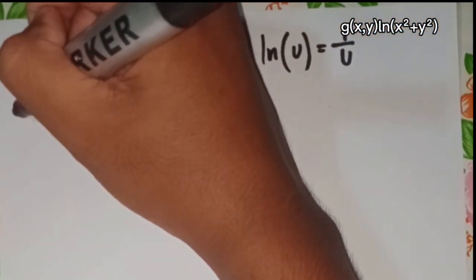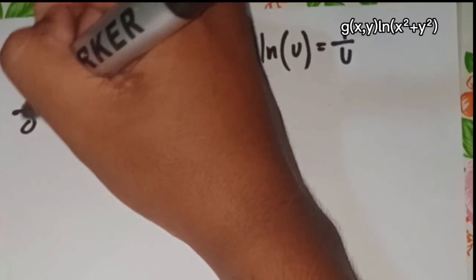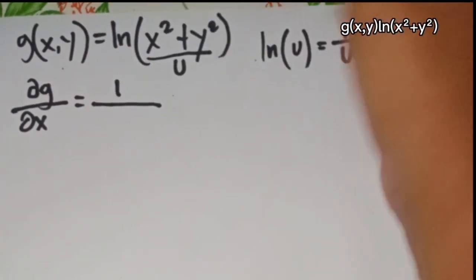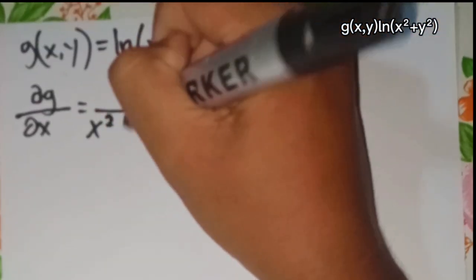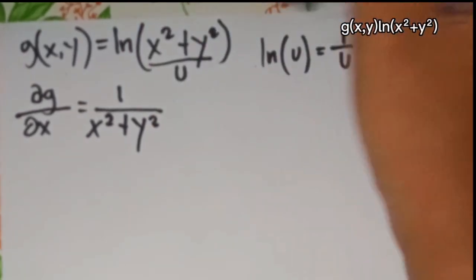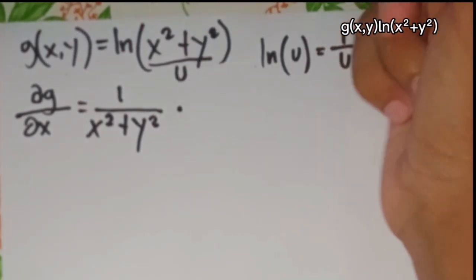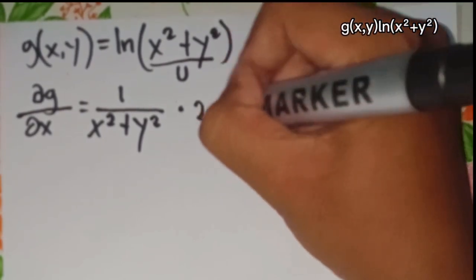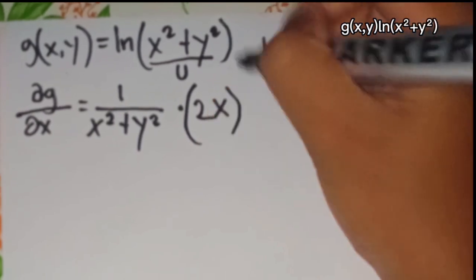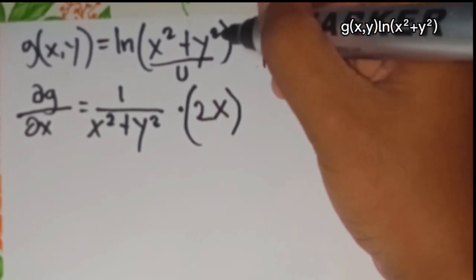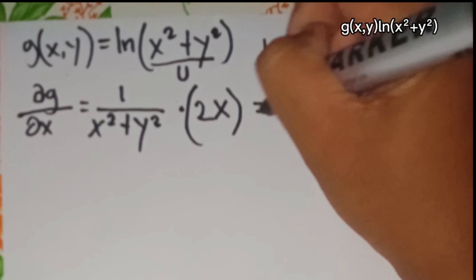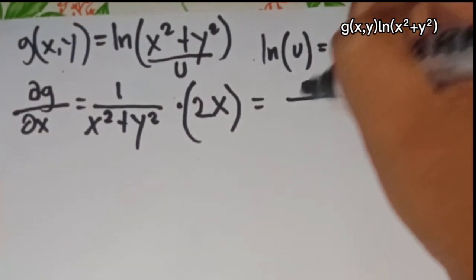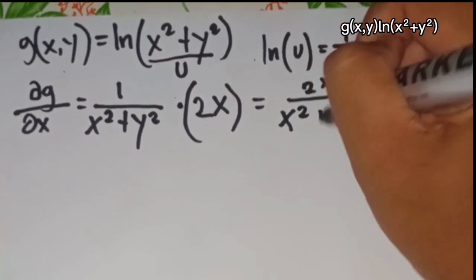the partial derivative of g with respect to x equals 1 over x squared plus y squared, times the derivative of x squared, which is 2x, because the derivative of y squared with respect to x is 0, equals 2x over x squared plus y squared.